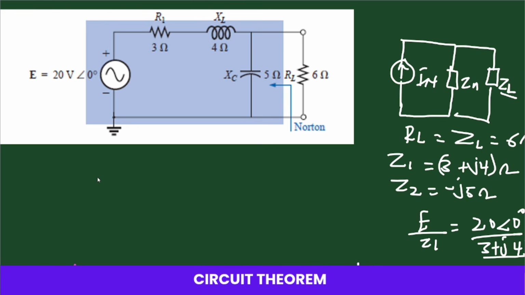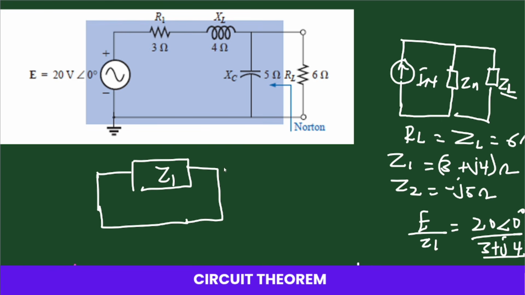So we are going to short circuit this, and then we'll have our impedance Z1 like this alone, and then we'll have our Z2 here, and then we can put our impedance Z, the one we are looking for, which is the Norton impedance. Okay.